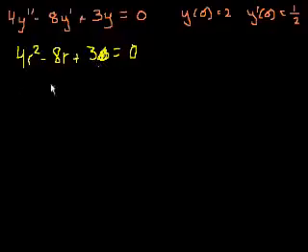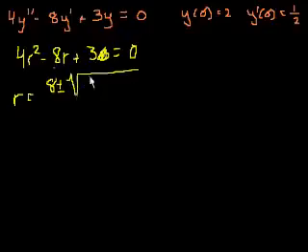And now we can just figure out its roots. This is not a trivial one for me to factor. So if it's not trivial, you can use the quadratic equation. So we could say the solution of this is r is equal to negative b. Well, negative b is negative 8, so it's positive 8, plus or minus the square root of b squared, so that's 64, minus 4 times a, which is 4, times c, which is 3.